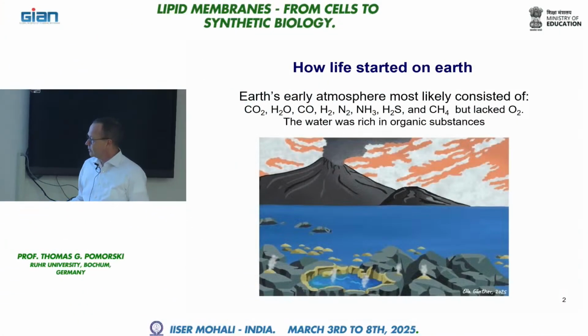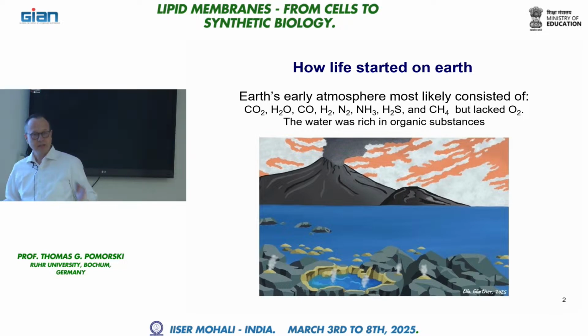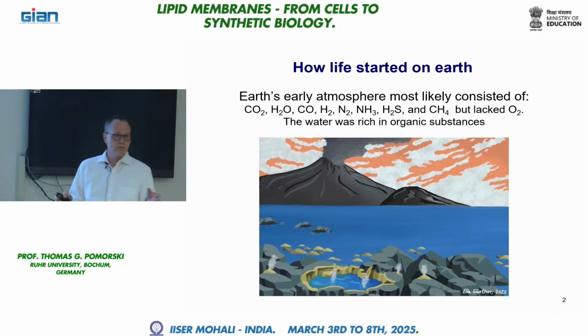You see here a place with volcanic stone and a little bit of sulfur, and the atmosphere would contain carbon dioxide, water, carbon monoxide, nitrogen, ammonia. There would be no oxygen. But that was the time when life started. So all life on Earth actually started without the presence of oxygen.